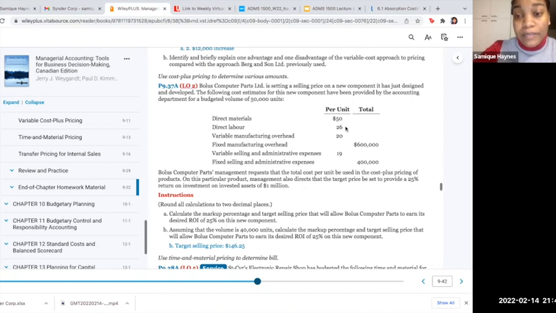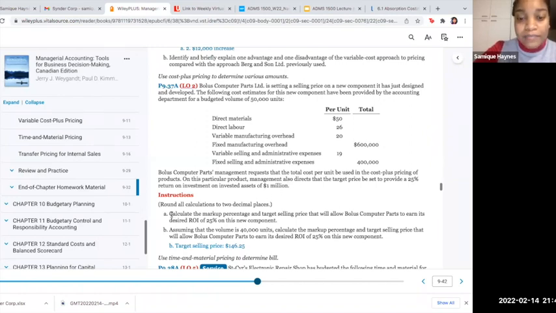They give us direct material per unit, direct labor, variable overhead, and fixed overhead in total. They give us the variable selling and admin per unit, and fixed selling and admin in total. Bolus Computer Parts management requests that the total cost per unit be used in the cost plus pricing of products. On this particular product, management also directs that the target price be set to provide a 25% return on investment on invested assets of 1 million.